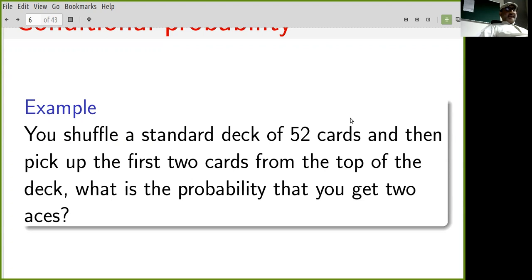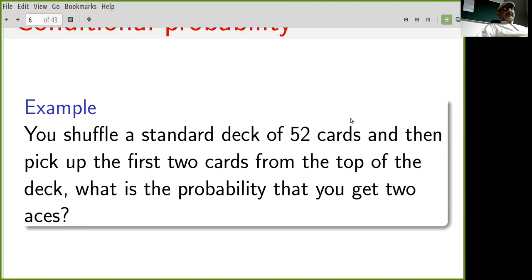You're taking 52 cards and splitting them up. Each of the cards is distinct, so there are 52 distinct objects, and you're putting them into 2 piles. In one pile you have 2, in the other pile you have 52 minus 2, 50.